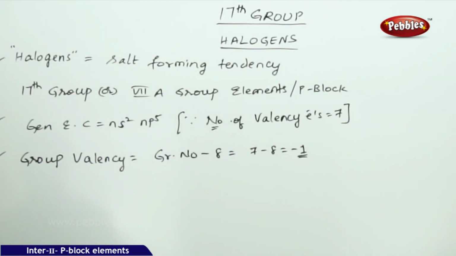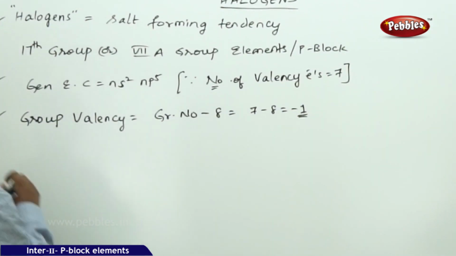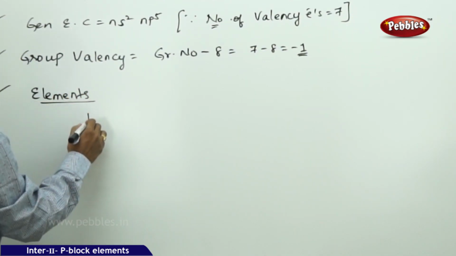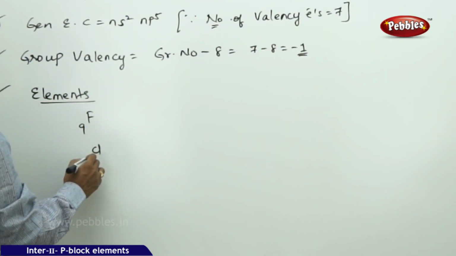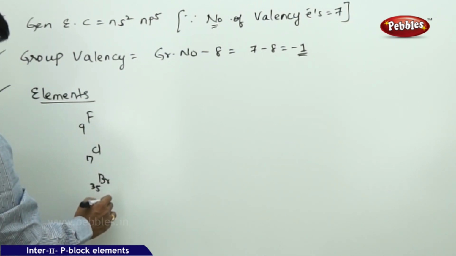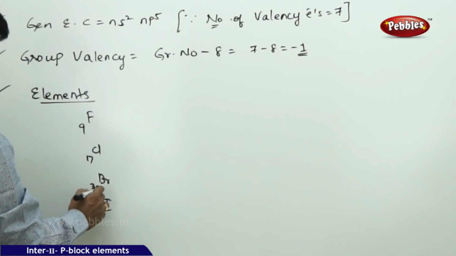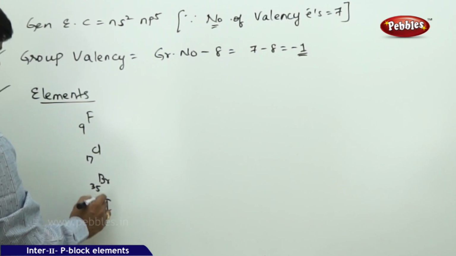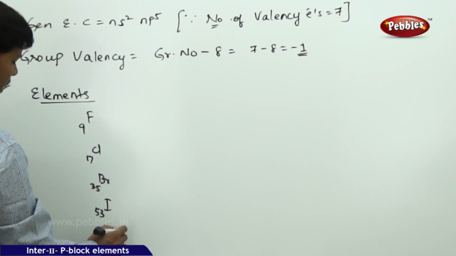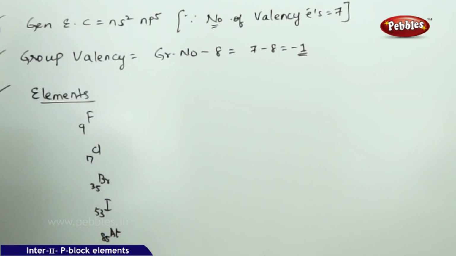So if that is the case, what are the elements we can consider as halogens? They are fluorine, atomic number 9; chlorine, atomic number 17; bromine, atomic number 35; iodine, atomic number 53, since for 35 you add 18 to get 53; and astatine, atomic number 85.